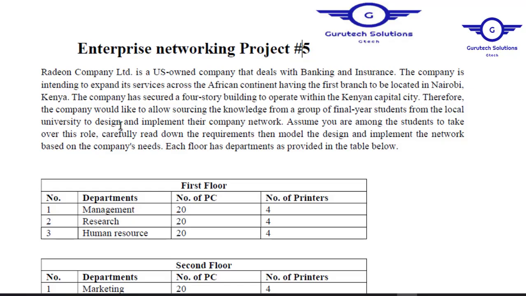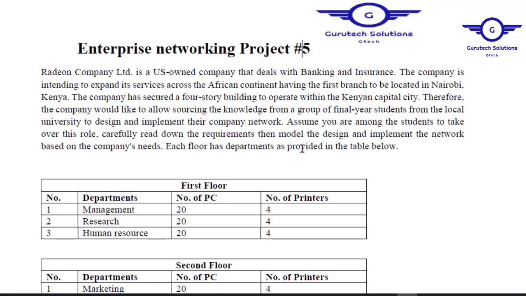Therefore, the company would like to allow sourcing the knowledge from a group of final year students from the local university to design and implement their company network. Assume you are among the students to take over this role. Carefully read down the requirements, then model the design and implement the network based on the company's need.